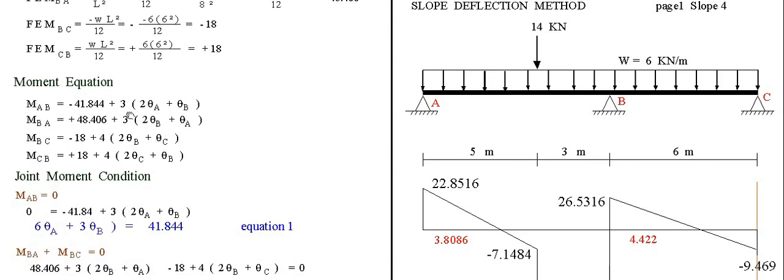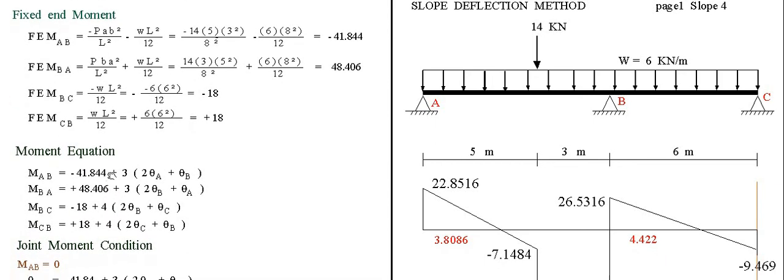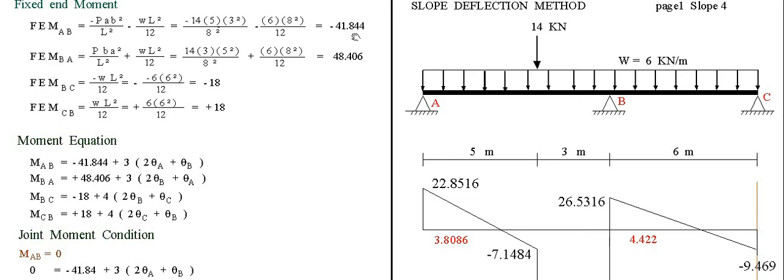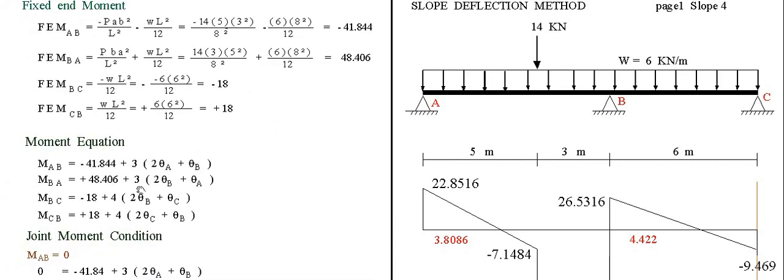Moment AB is fixed end moment of AB, which is minus 41.844 plus K of 3. We have 3 and 4. First span K is 3, K on the second span is 4. So we have minus 41.844 plus 3 times 2 theta A plus theta B.